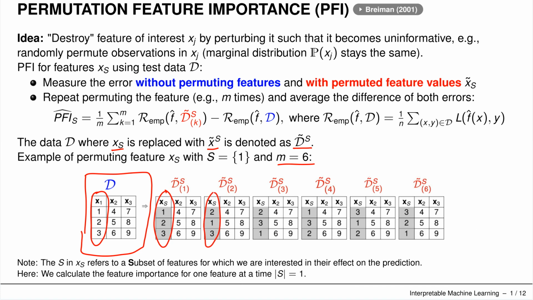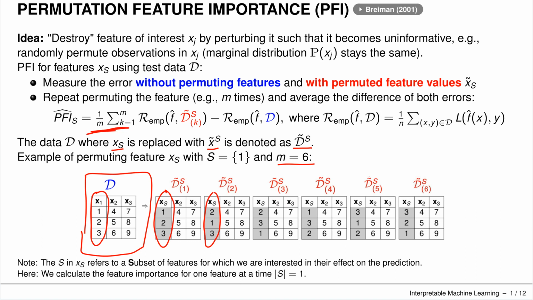So in this simple case of only 3 observations, we can just look at all possible combinations. But usually this is not possible because we have larger numbers of observations, and that is why we just sample m random permutations and do not take all possible ones.